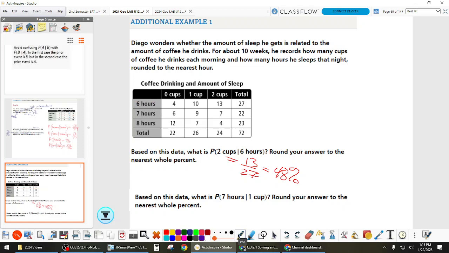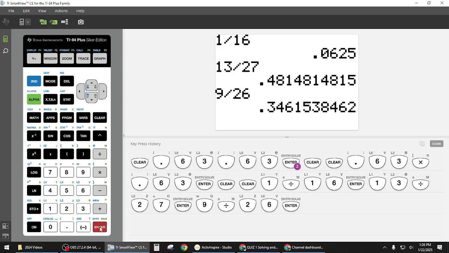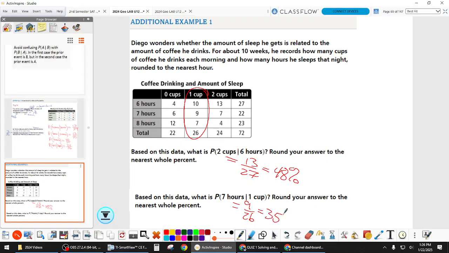And then this one, hours given cups. Cups is our category, and we're looking for 7 out of the 1 cup category. So 9 out of 26. Or 35%. It says round to the nearest whole.